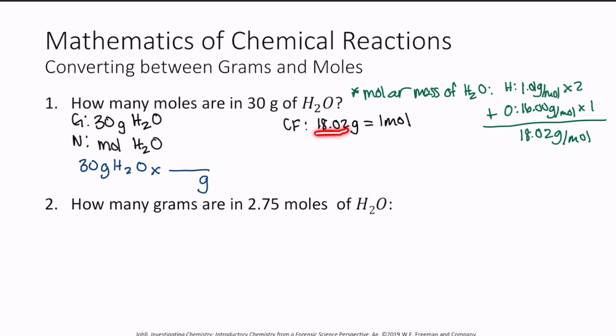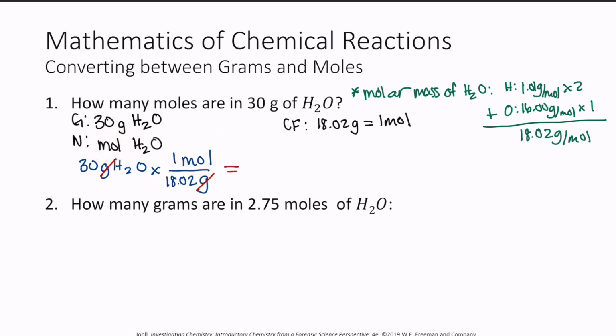So I can see that the 18.02 goes with the grams. So I'm going to write that down here. And then I can put my moles on the top. So now my grams cancel and I'm left with moles, which is good because my need is moles.